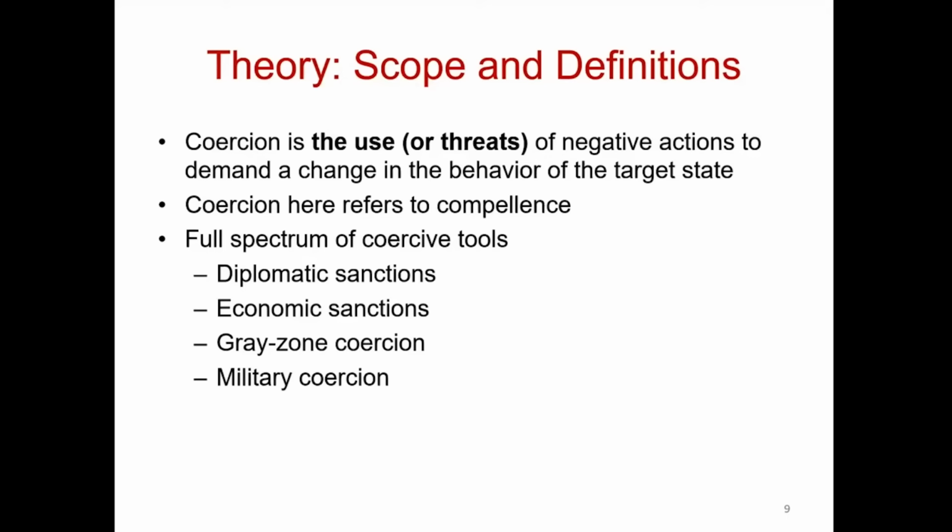So gray zone coercion is the use or threats of civilian law enforcement organizations to inflict physical damage on the target state. So think about China's use of its maritime surveillance ships, the predecessor to the Chinese Coast Guard ships, as well as the Coast Guard ships in the South China Sea. And finally, states can escalate into military coercion, and the missile launches, of course, would be an example.